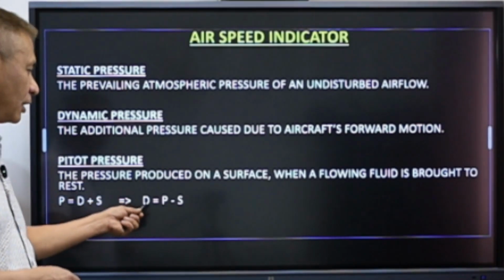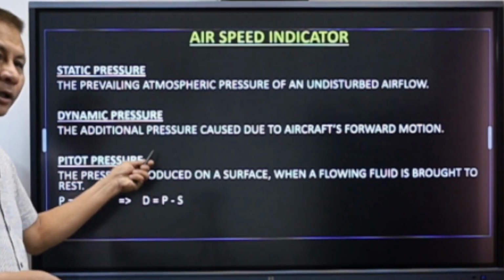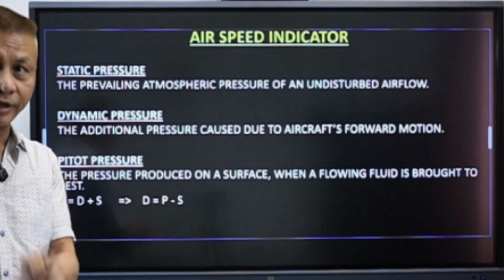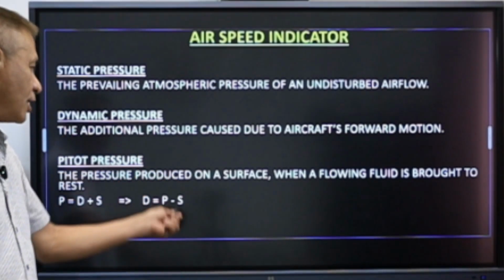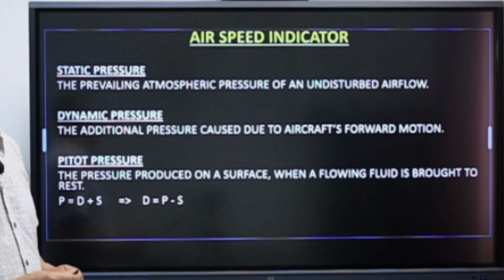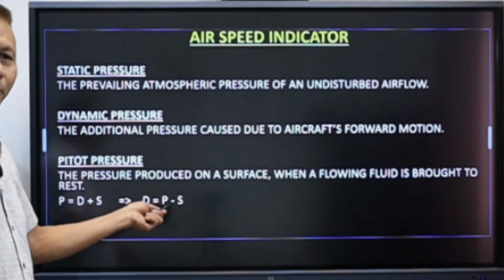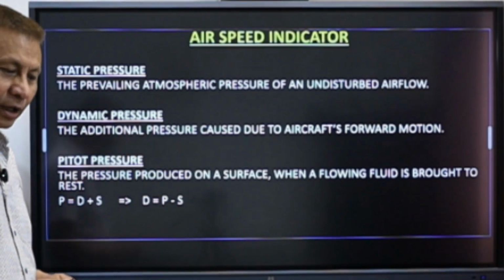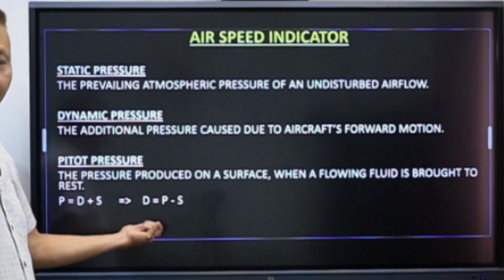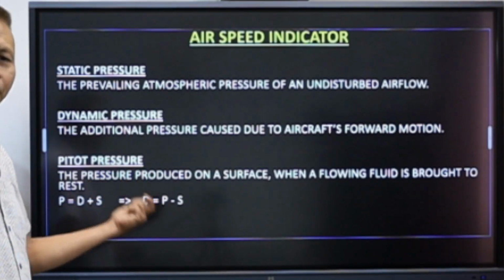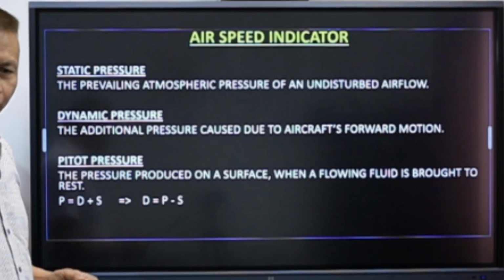So the dynamic pressure will be the Pitot pressure, that is the sum total of dynamic plus static, minus the static pressure which was already existing. Therefore, the dynamic pressure is equal to the Pitot pressure minus the static pressure. This is the fundamental behind this particular instrument, the airspeed indicator.